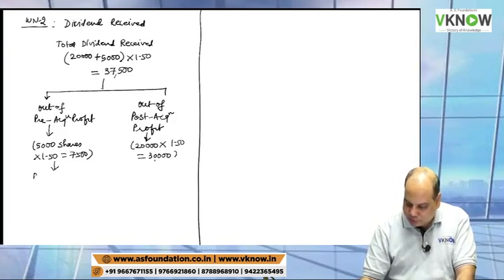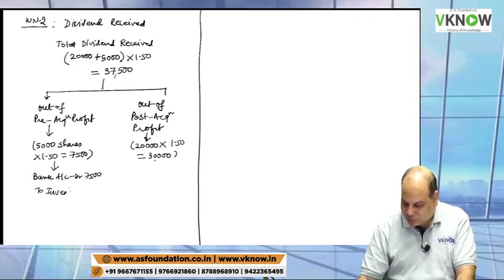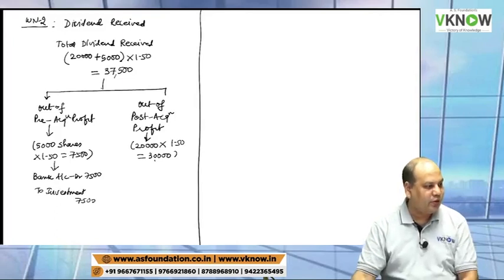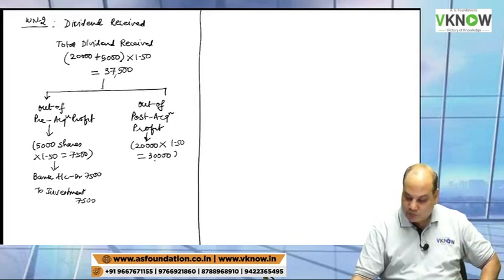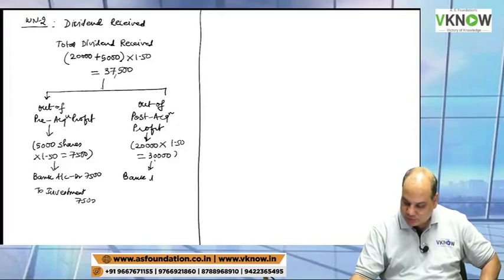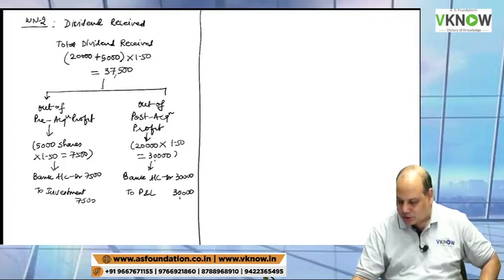The treatment of this will be: bank account debit 7,500 to investment account 7,500. Then bank account debit 30,000 to P&L account 30,000.